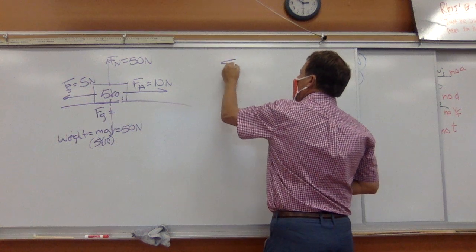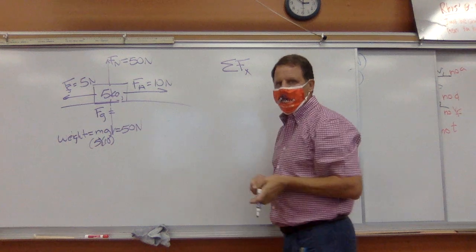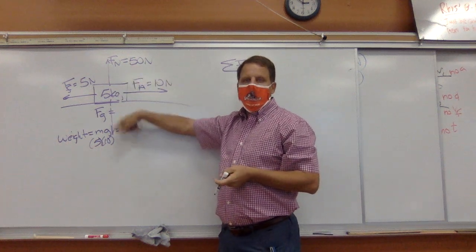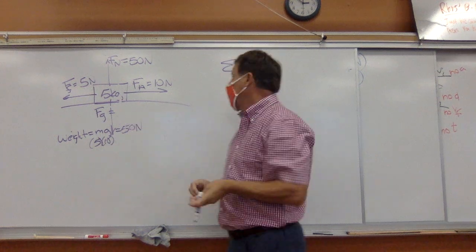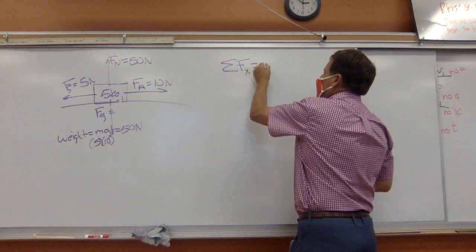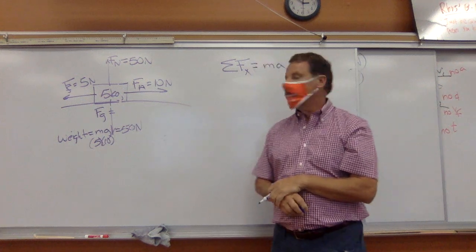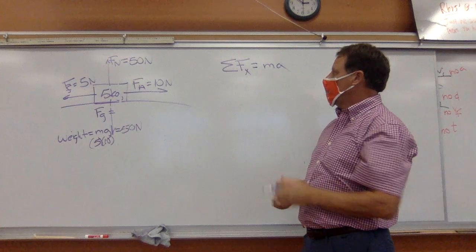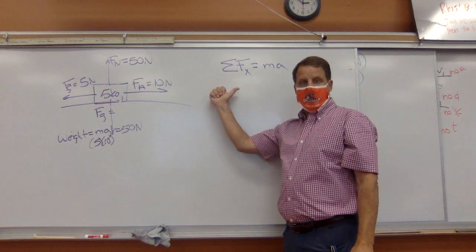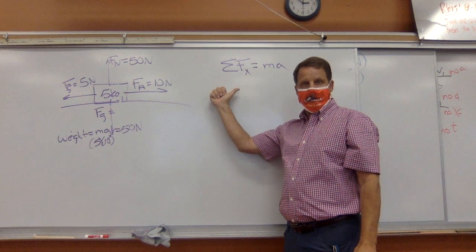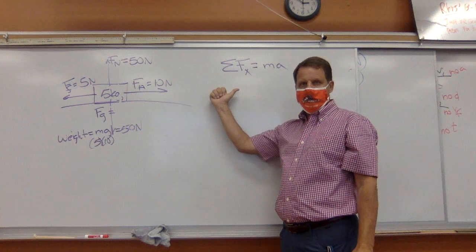Okay. So now we want to do the sum of the forces in the x direction. We really already know the sum of the forces in the y is equal to 0. And this is going to equal MA. So you guys, what force is going to the right?